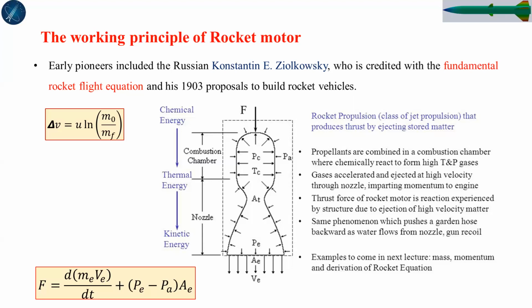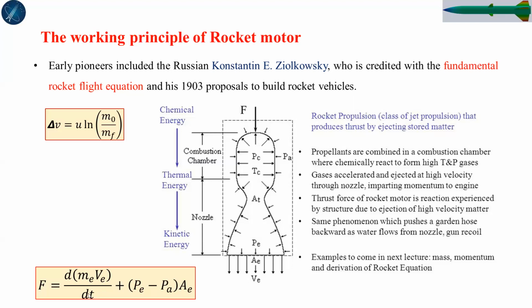Another is the amount of thrust that we can get from this rocket design, which is the change in momentum plus pressure exit minus pressure atmospheric times area exit. So this is the previous equation. So this gives you m dot times VE, because the one which changes from time to time is the mass.